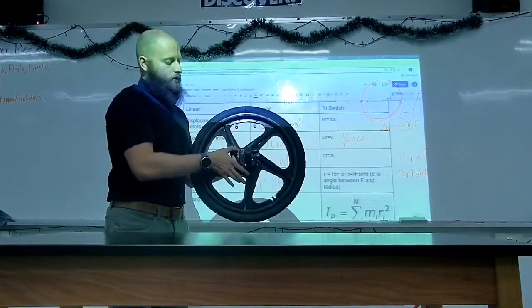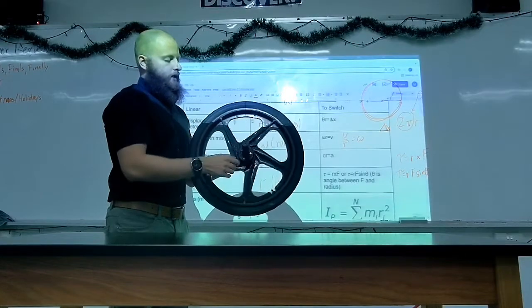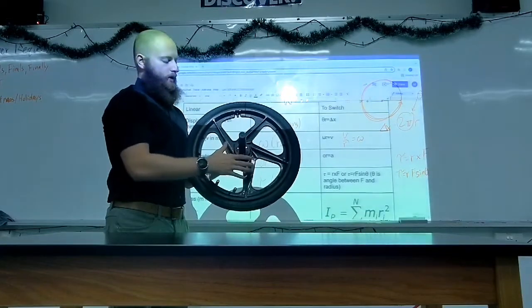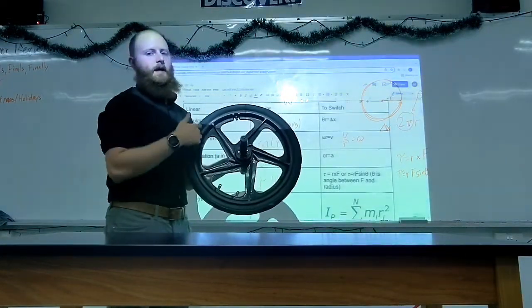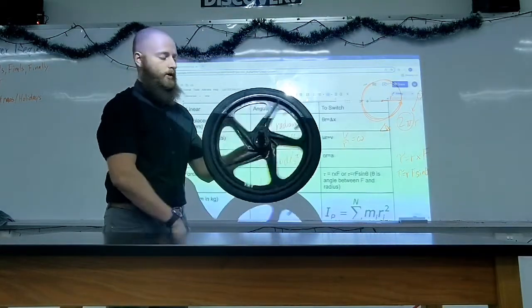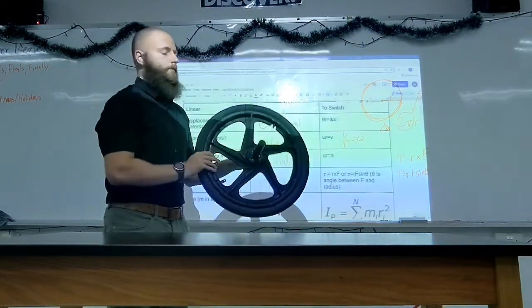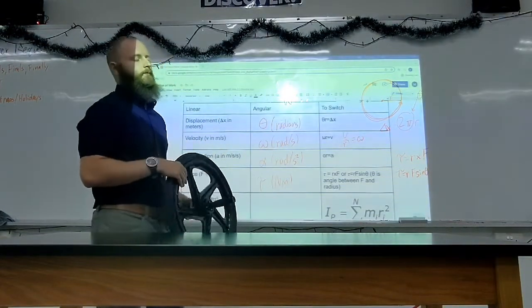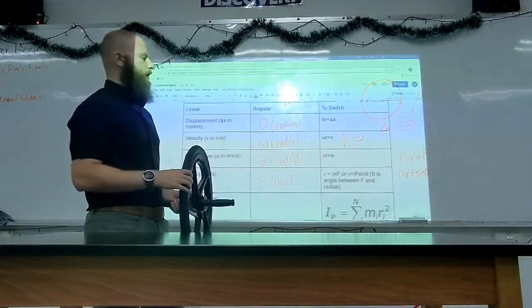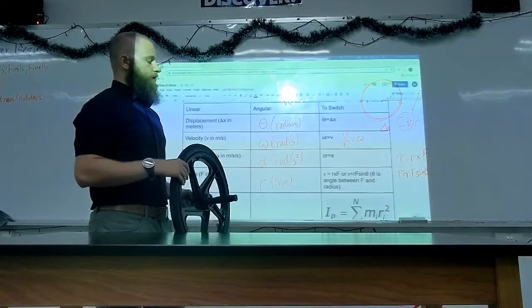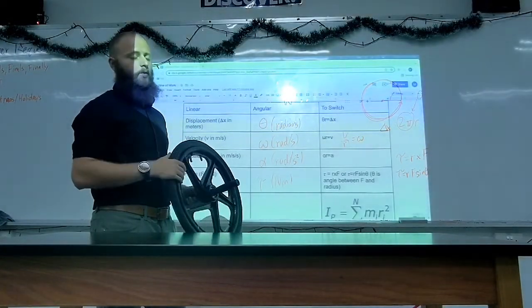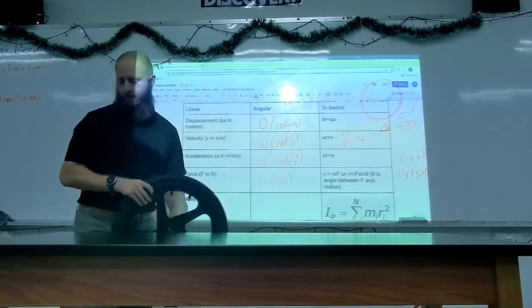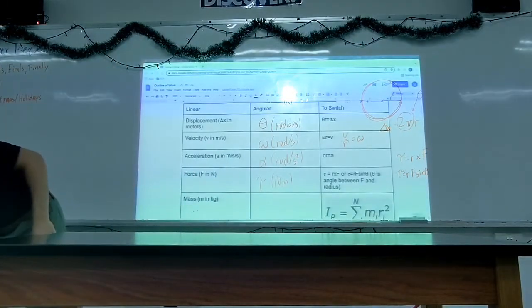So the location of the mass actually matters to how hard it is to rotate. So rotational mass, or angular mass, which we actually call moment of inertia, is dependent on where the mass is. Let me put this table back.